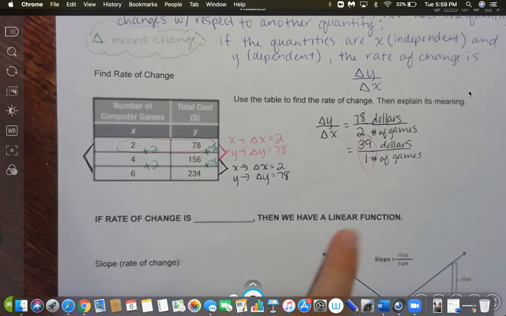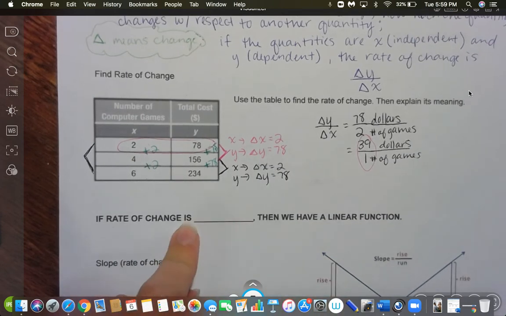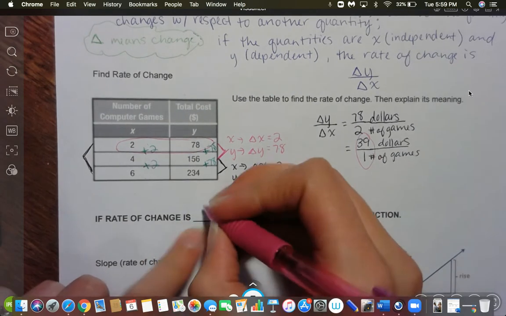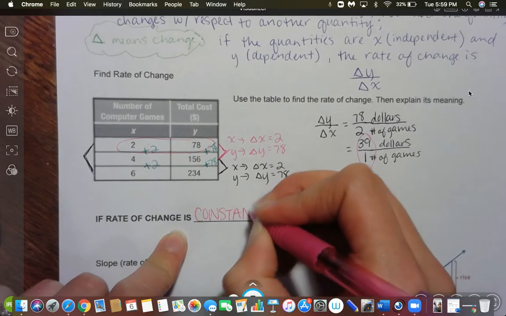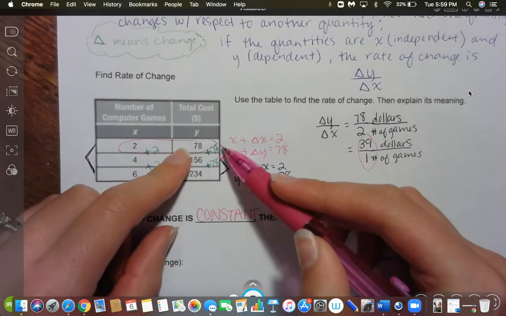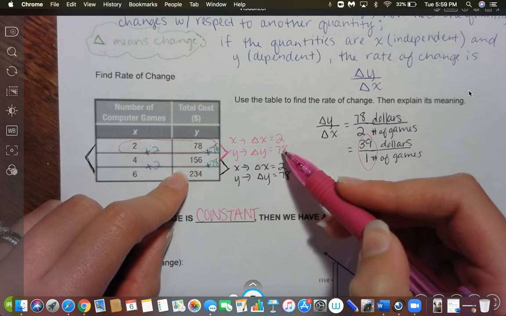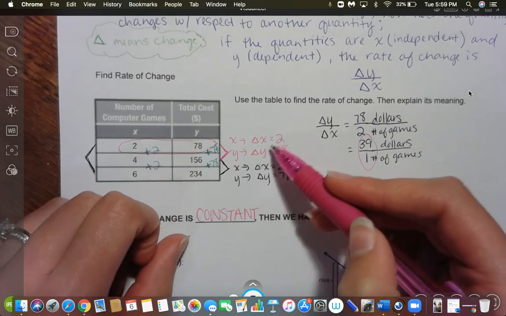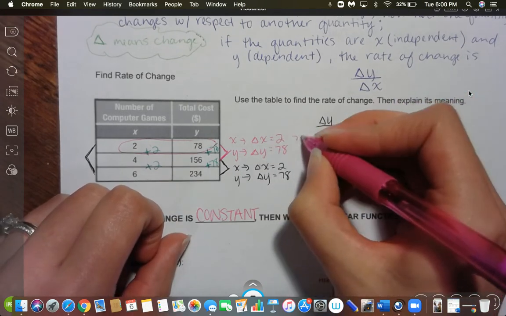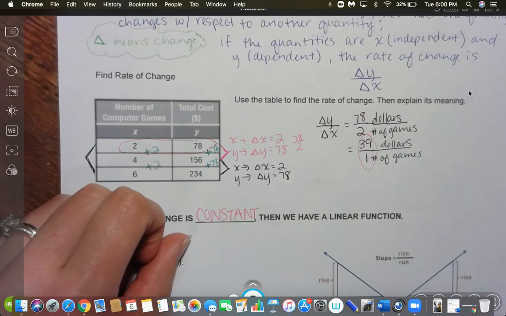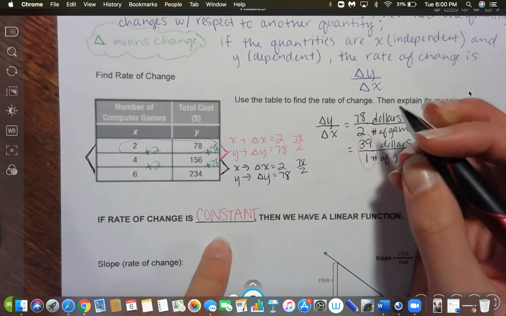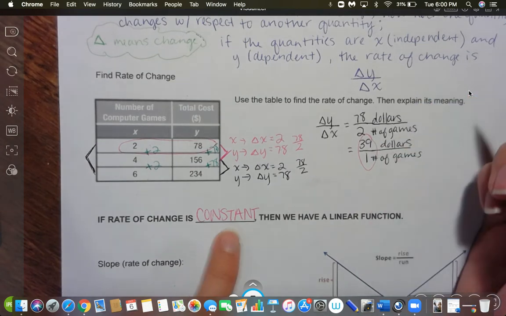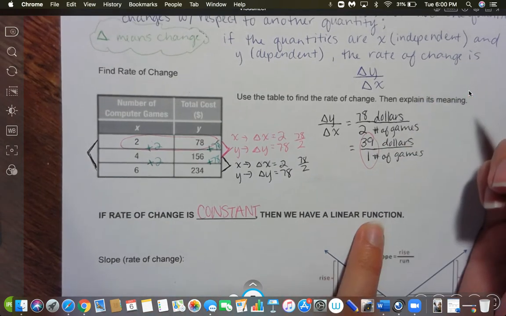So this statement right here, we need to fill in this blank. If the rate of change is constant, so that means that between each row, it's the same thing, and it is, right? 78 over 2, right? Change in y over change in x, that's 78 over 2. If it is constant, so between each row it is the same, then we have a linear function.